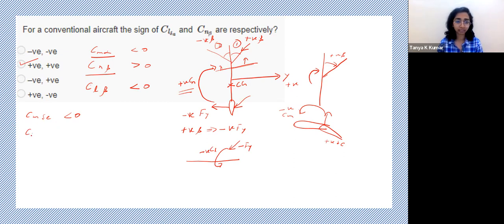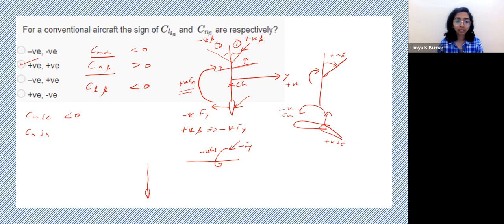Next, let's do Cn delta R. Now let's look at the delta R convention. That is the rudder deflection. If this is your rudder, it's part of the vertical tail.